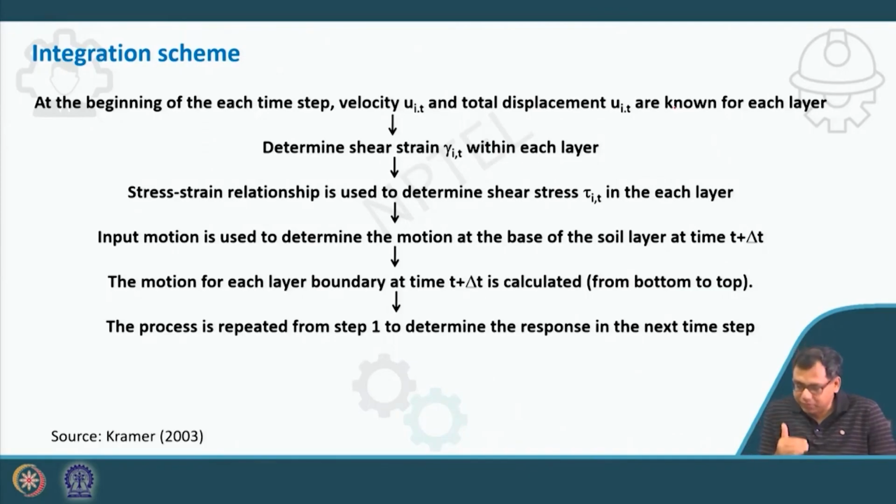If you know the n plus 1 velocity motion, then you will get the motion of the n node, then the n minus 1 node, and so on. The process is repeated from step 1, the first step, to determine the response for the next time step. So this way, at every time step, I will get the response. This is the total nonlinear scheme approach.